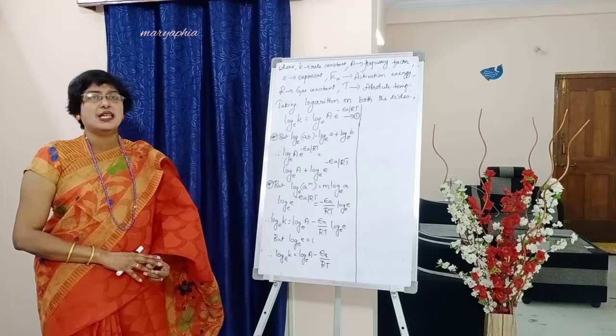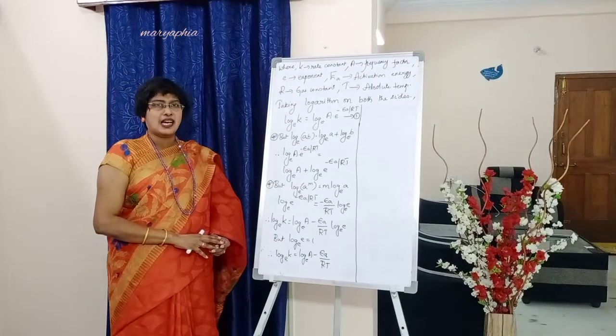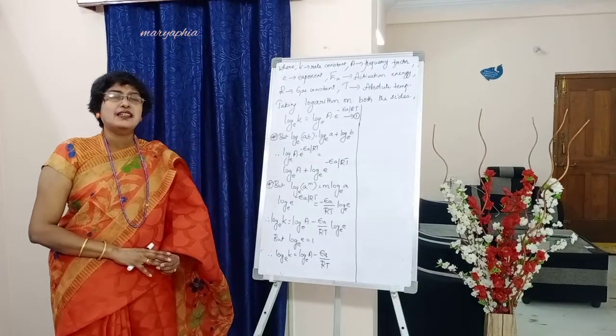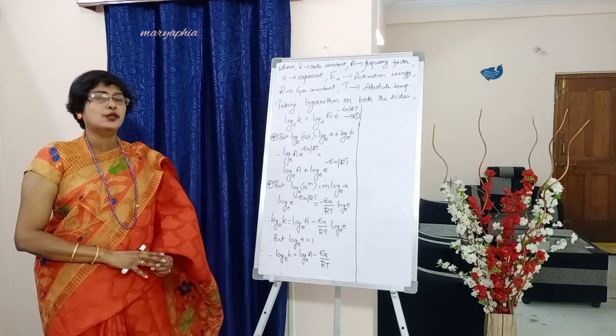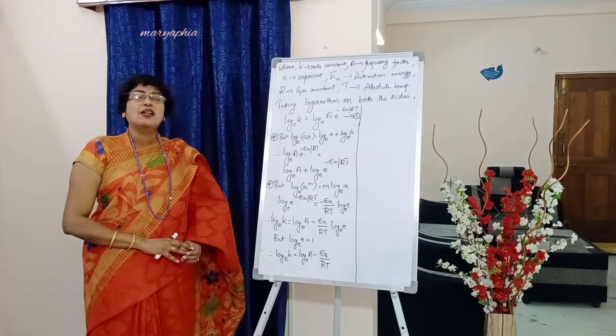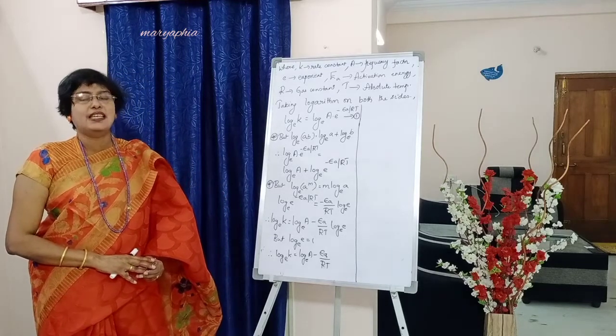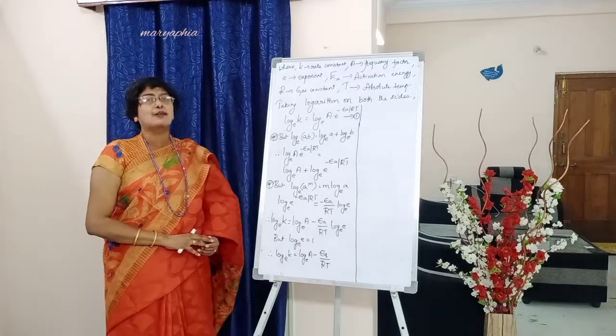Mark this as an equation. Okay students, k is equal to A e to the power minus Ea by RT. So what are we doing here? Taking logarithm on both the sides: log of k base e is equal to log of A into e to the power minus Ea by RT base e. Take this as equation number 1.